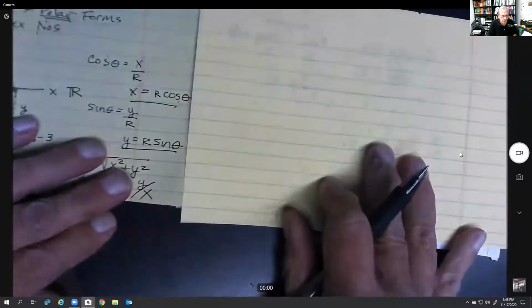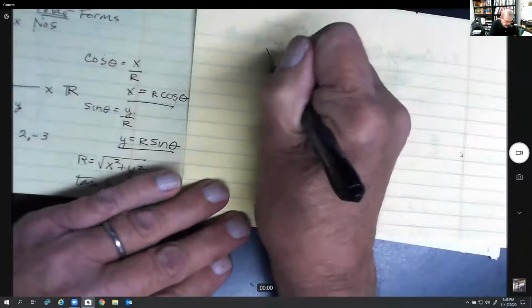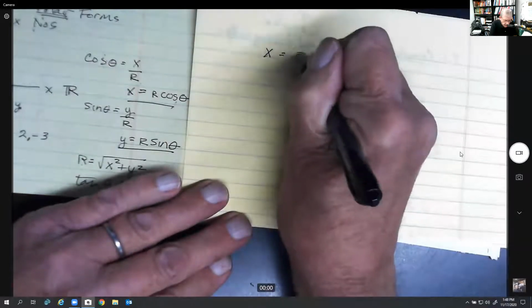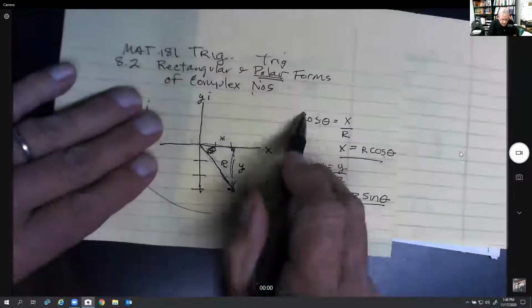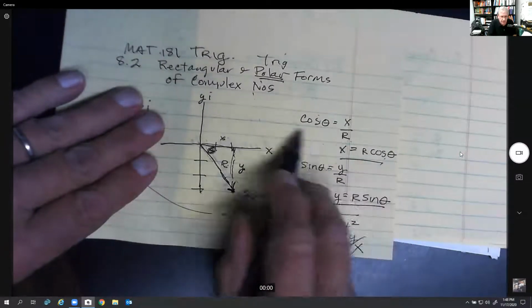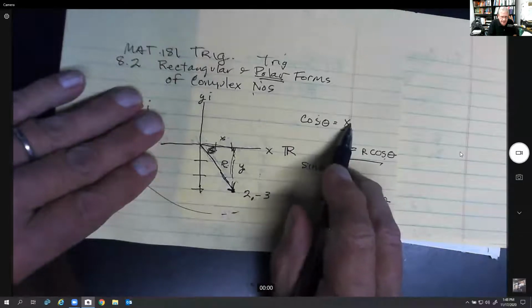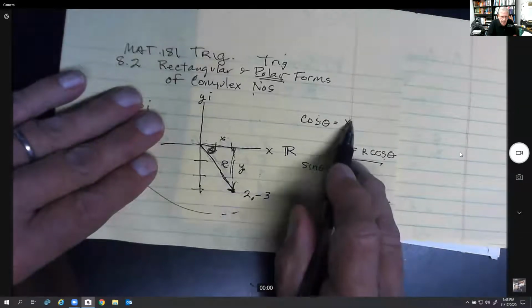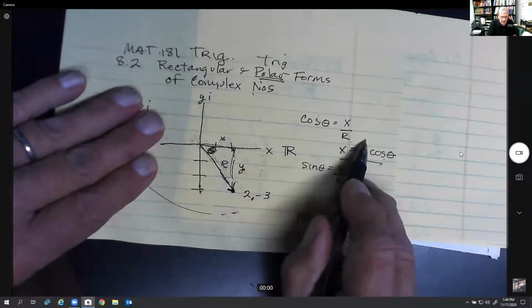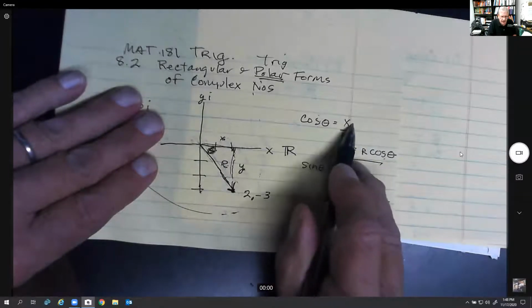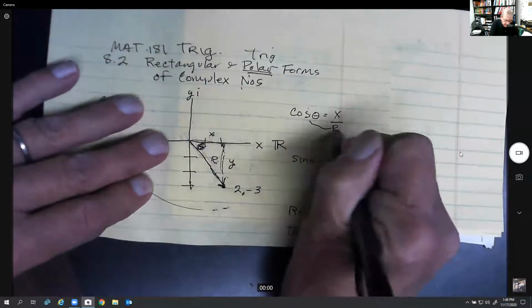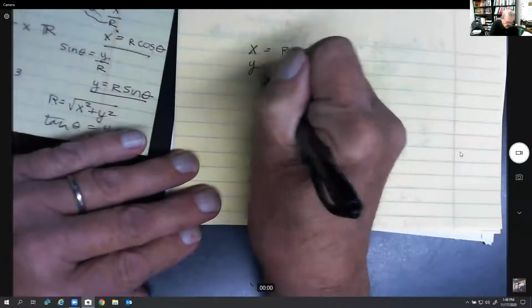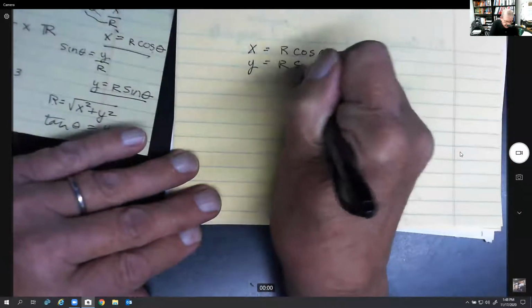Okay, so one important relationship is, what is x? X is r cosine theta. I just took this relationship that we've always been using, the adjacent over the hypotenuse, and rewrote it for x by cross multiplying. The same thing with y equals r sine theta.